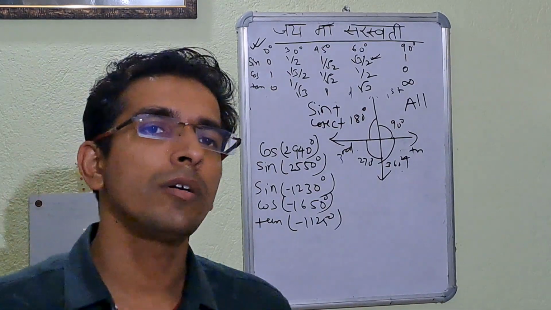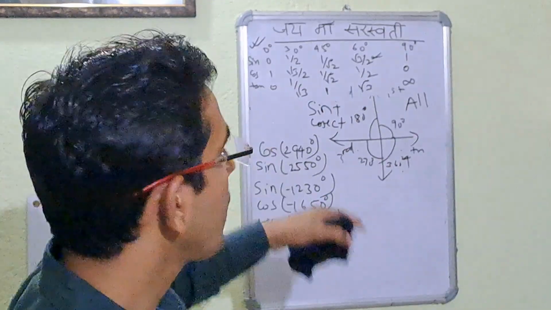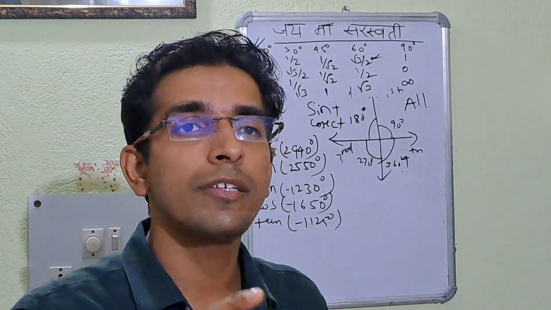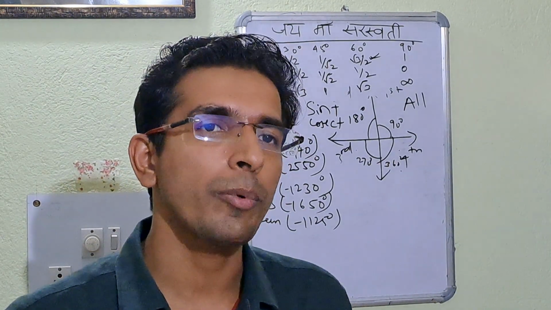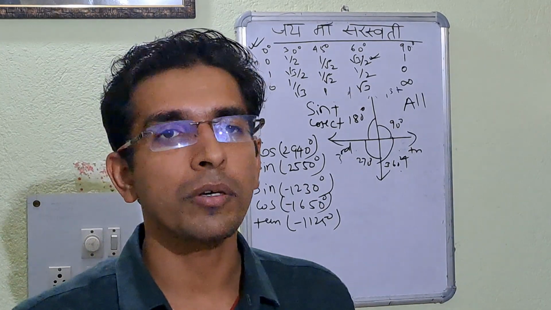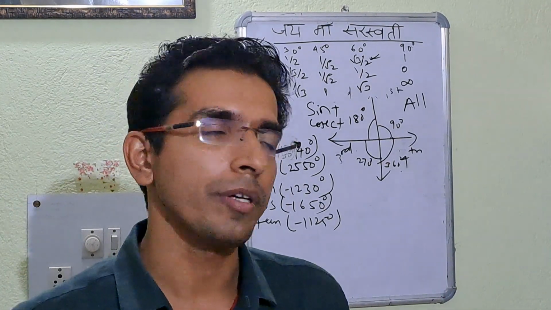So we have seen the various concepts here, the sine angle, cos and the tan. Sine is the ratio of the perpendicular to the hypotenuse, cos is the ratio of base to the hypotenuse, and tan is the ratio of sine by cos, that is perpendicular to the base.